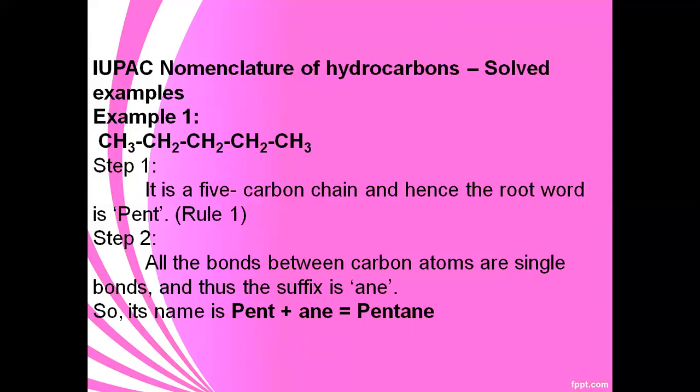There is no substituent and functional group, so directly we put in the suffix word. This compound has a single bond. So this is the primary suffix, that is, we put in ANE. So this name is pentane. Do you understand that? Any doubt, ask me. Okay.